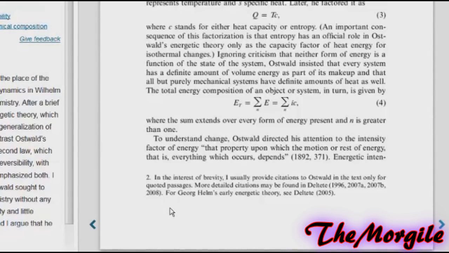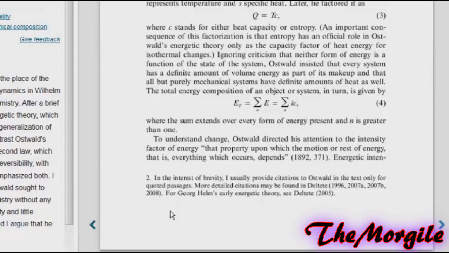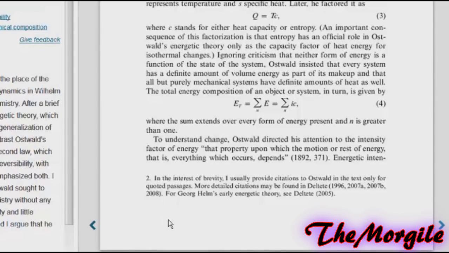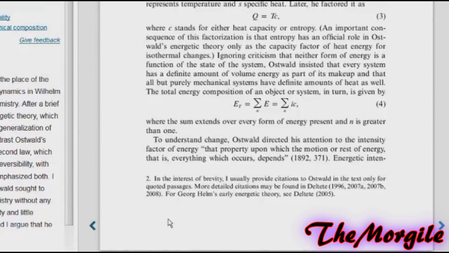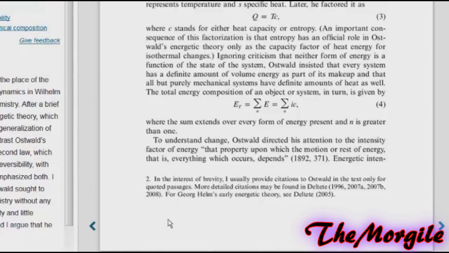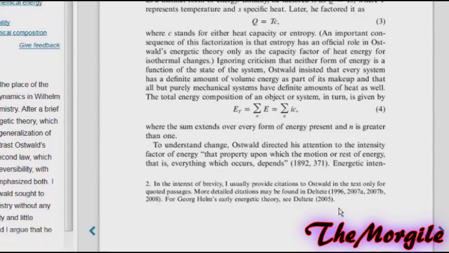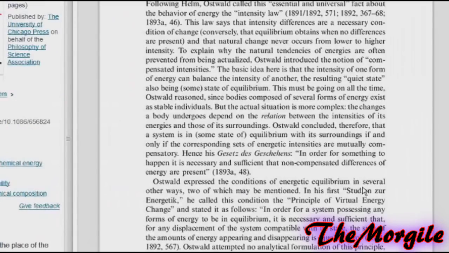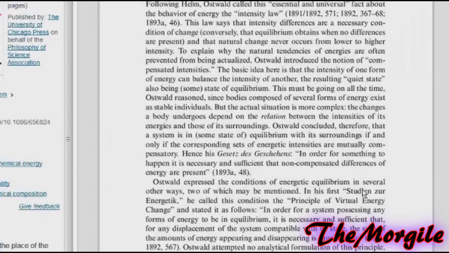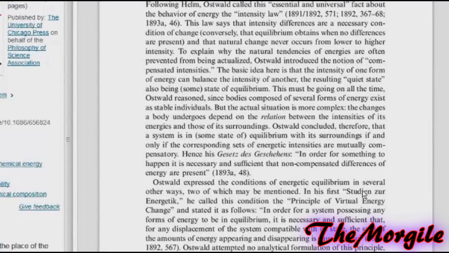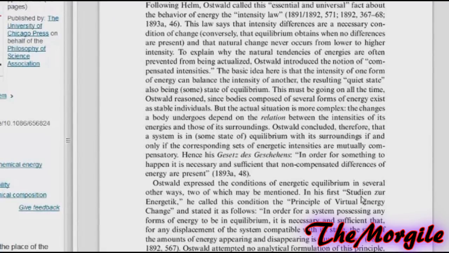To understand change, Ostwald directed his attention to the intensity factor of energy, quote, that property upon which the motion or rest of energy, that is, everything which occurs, depends, end quote. Energetic intensities are inherent tendencies of energy forms toward equilibration.